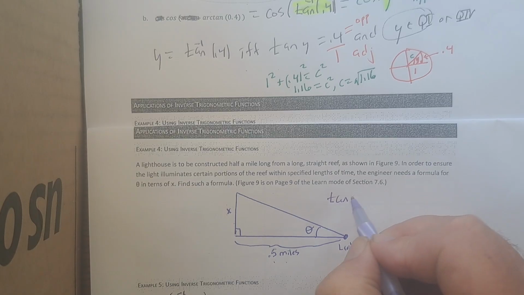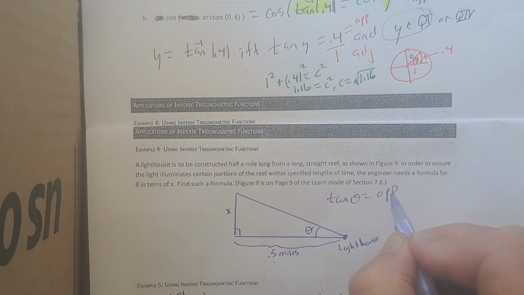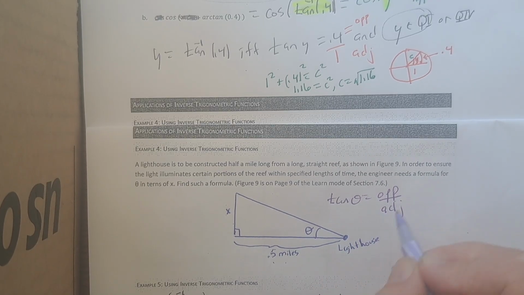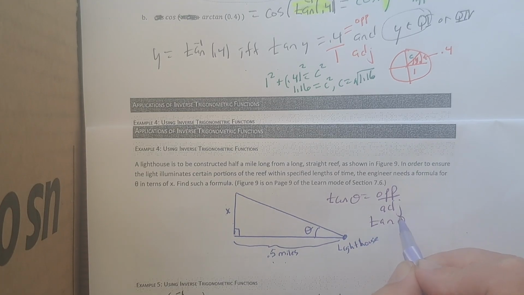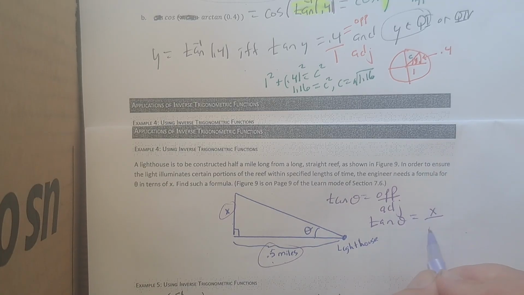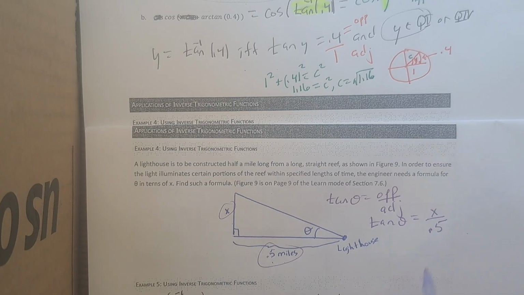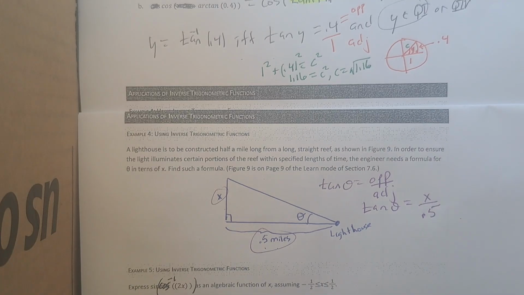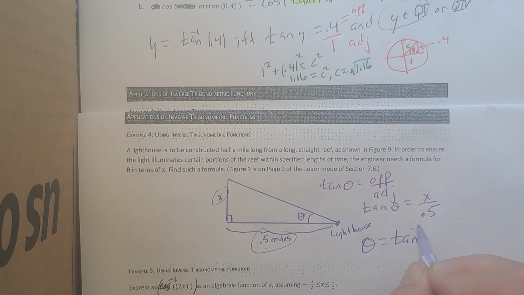Tangent is opposite divided by adjacent. So the tangent of theta is opposite divided by adjacent. And then I'm supposed to get theta, the angle by itself, but that's what inverse tangent does. You just take the inverse tangent on both sides.